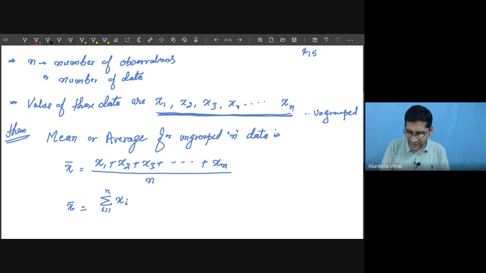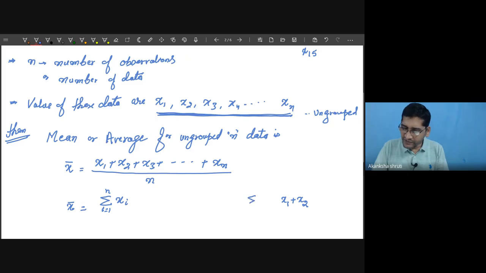This summation indicates a sum. For i equal to 1, it will be x1, then the summation indicates you have to add the next, x2. Like this you go on.